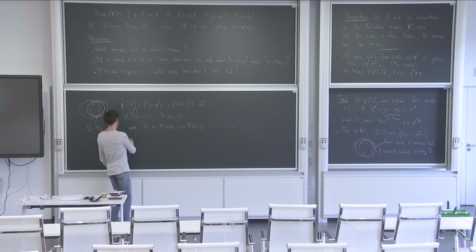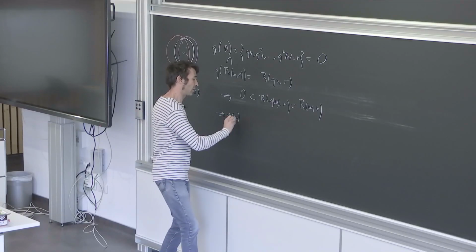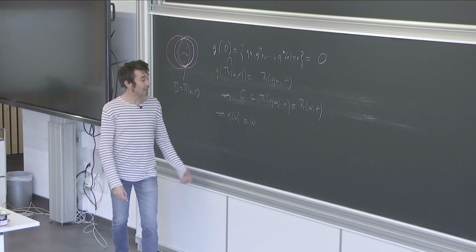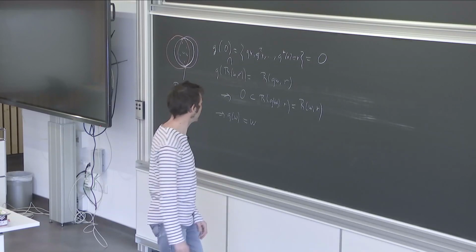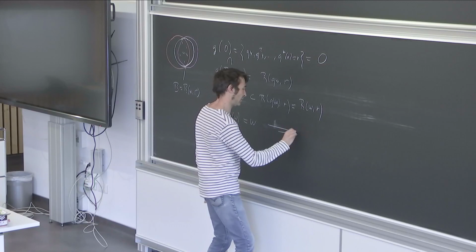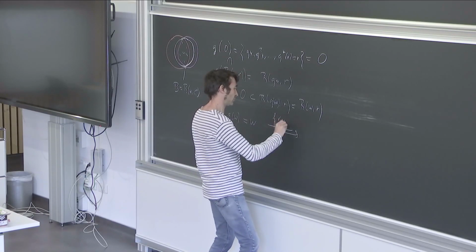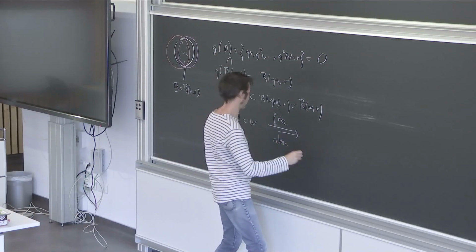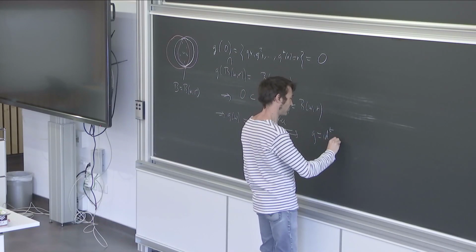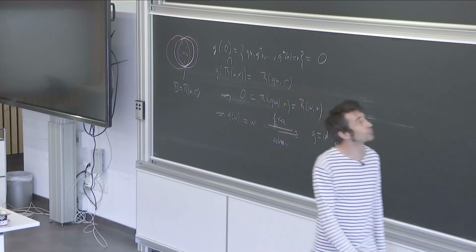And so this means that w is fixed by the element of G. And now, because I know the action is free, this implies, by free action, that g is the identity map. And this concludes the proof.